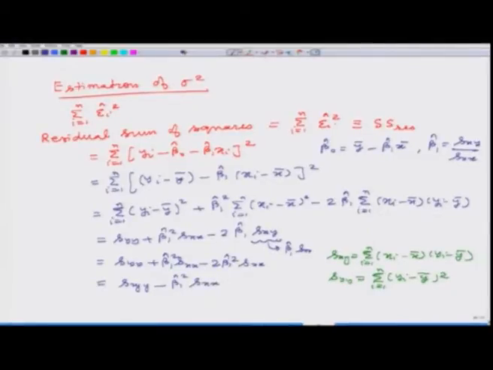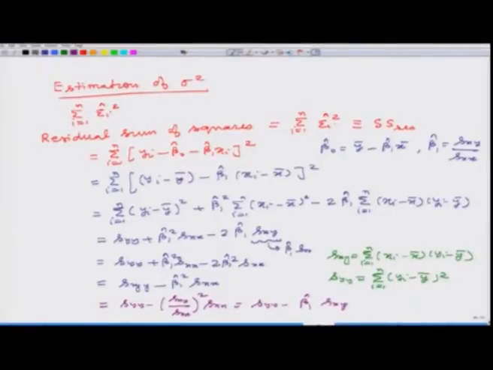This is one possible form. Now, I can replace beta 1 hat with Sxy upon Sxx, and this I can further solve as Syy minus (Sxy over Sxx) whole square times Sxx, and this will come out to be Syy minus beta 1 hat Sxy. So, this residual sum of squares has several popular forms, and depending on the need and situation we use them suitably.